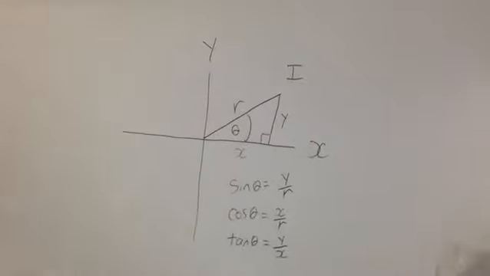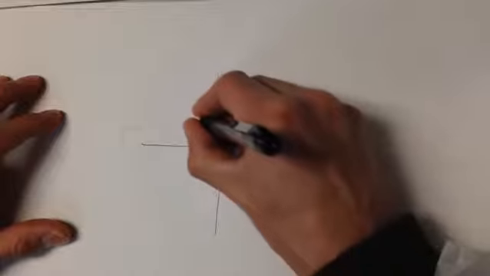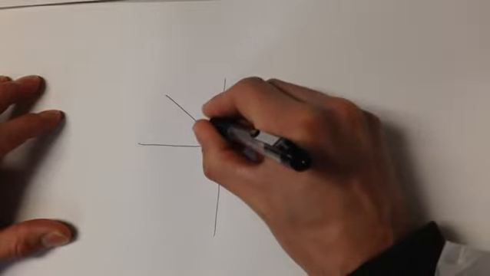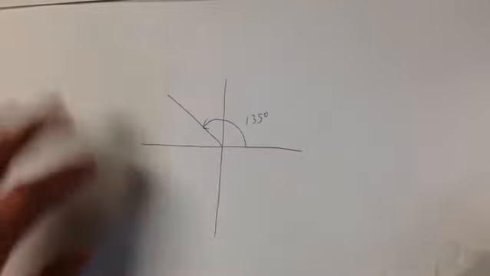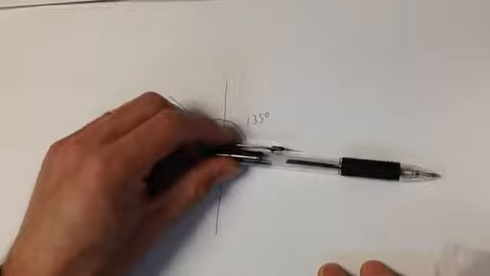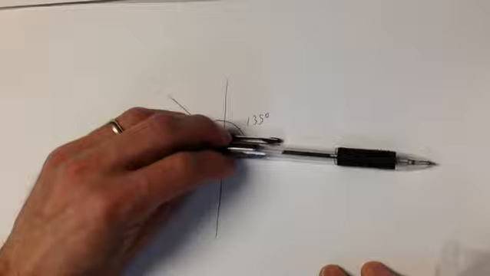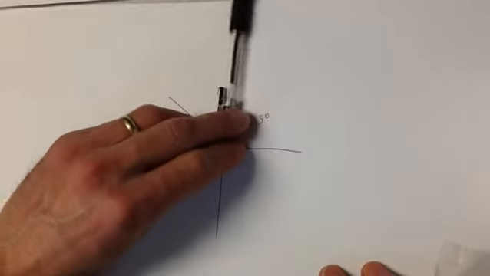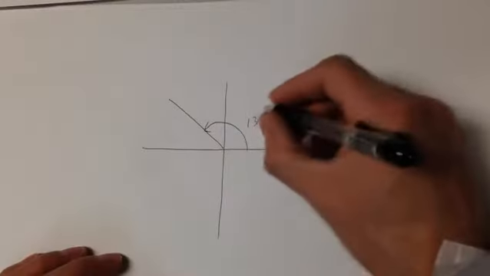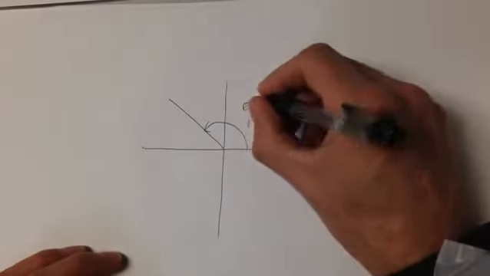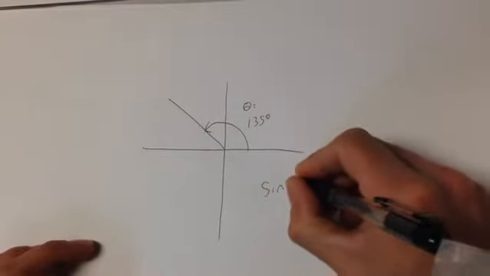The advantage of doing this is it allows us to deal with a case where our angle is greater than 90 degrees. Consider this angle here. It's 135 degrees. Okay, so starting again, we always start at the positive side of the x-axis and we rotate counterclockwise. So starting here, we rotate 135 degrees counterclockwise to arrive here. So if theta is equal to 135 degrees, what is the sine of theta?